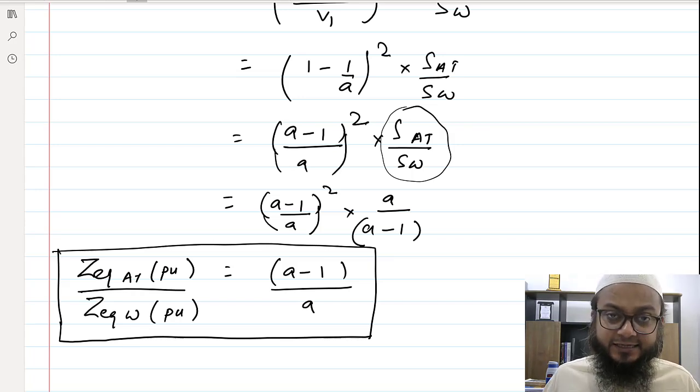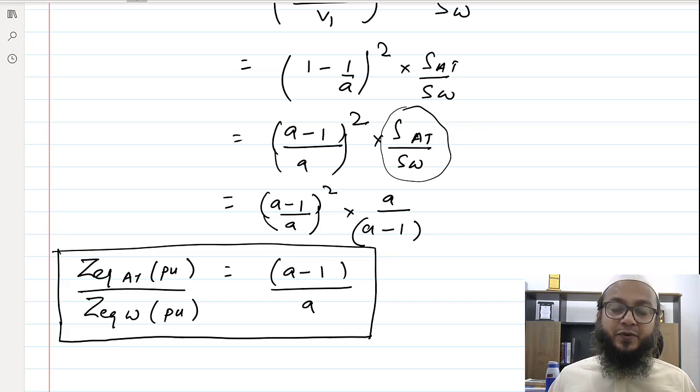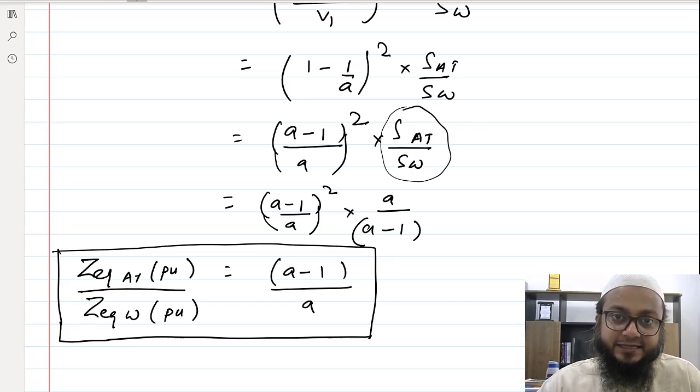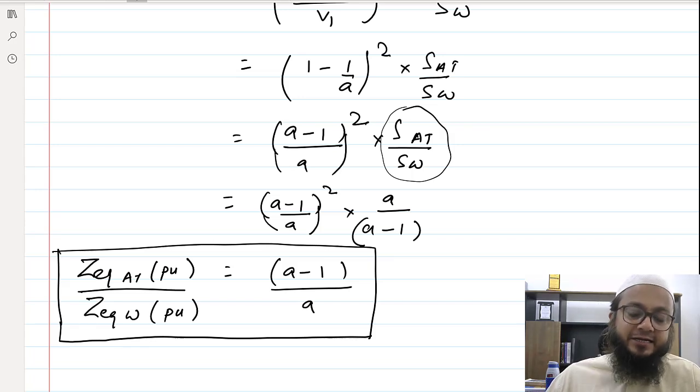That's why what I said is, once we connect the two winding transformer as an auto transformer with an equal number of turns, the apparent power rating is increased, but the overall per unit impedance has reduced.